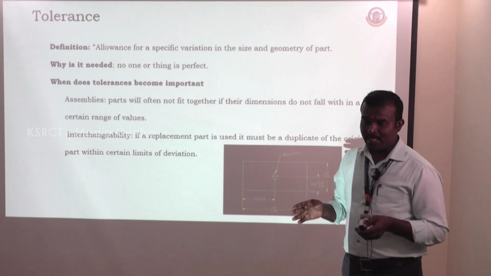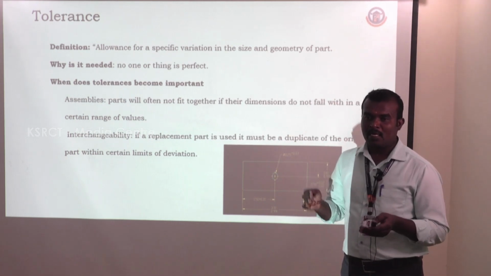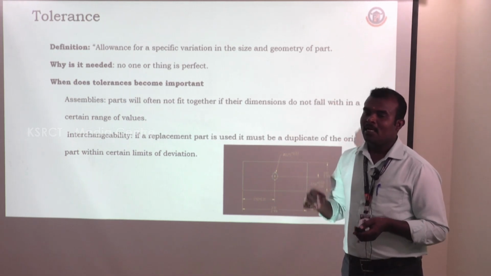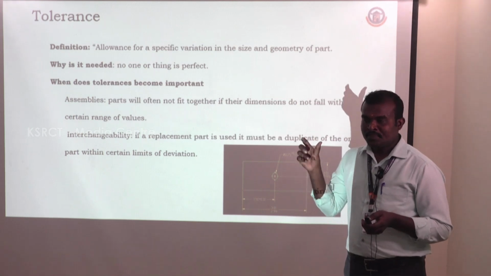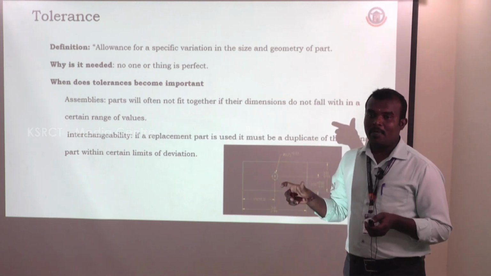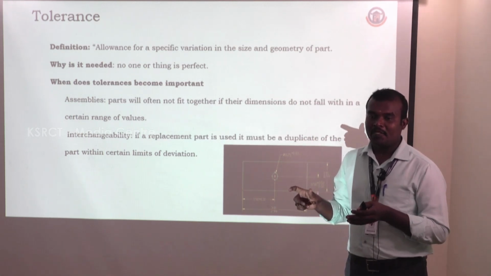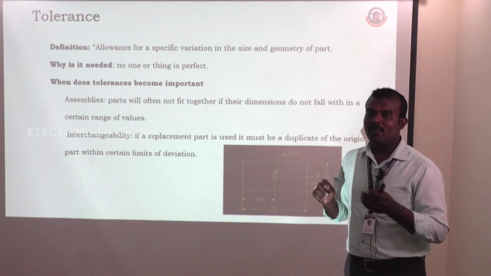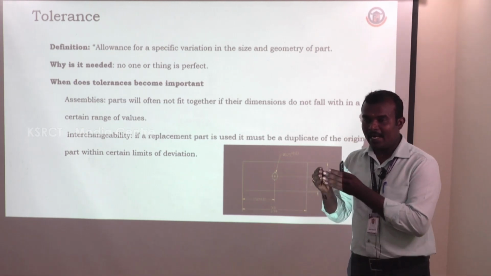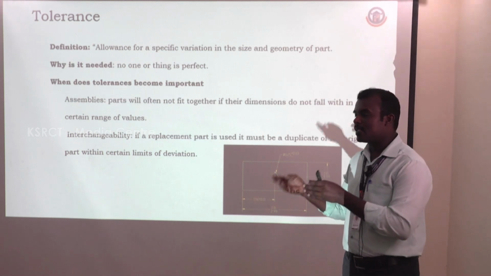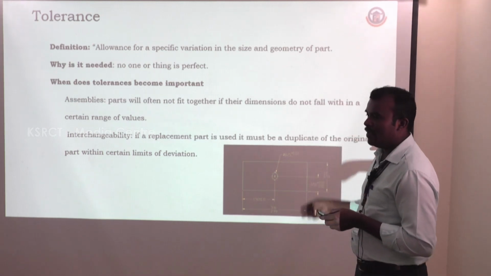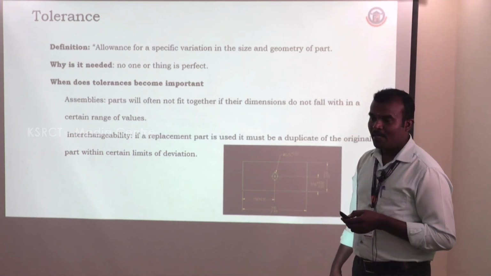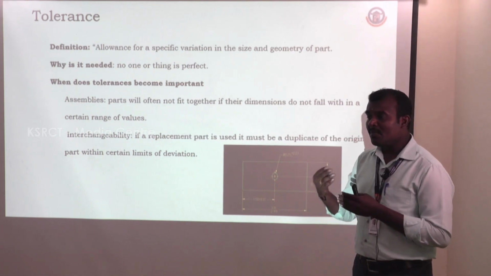In actual conditions, no component can be manufactured with an exact dimension. So we need some allowance, an additional value. That additional value is called the tolerance value. So mainly the tolerance is suitable for manufacturing purposes.